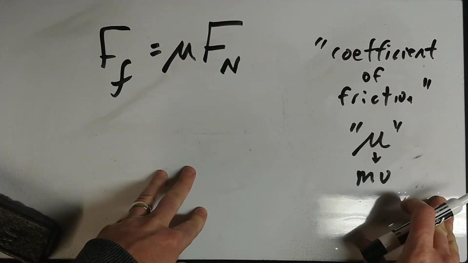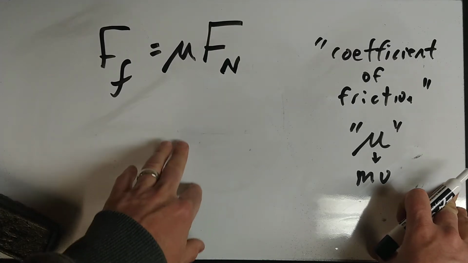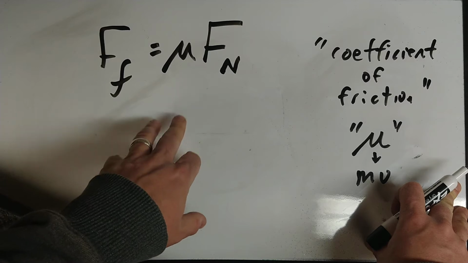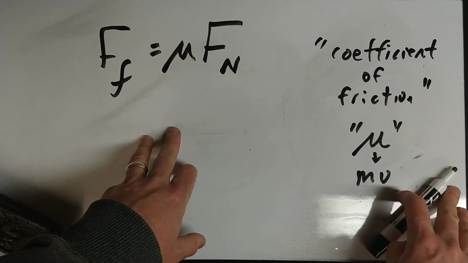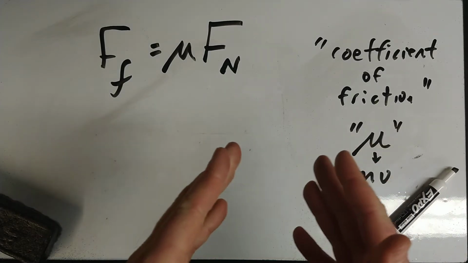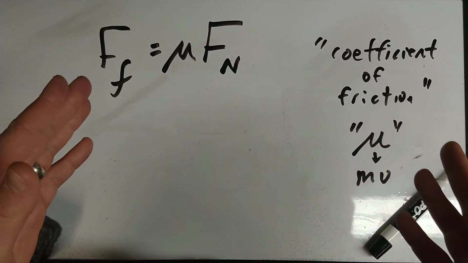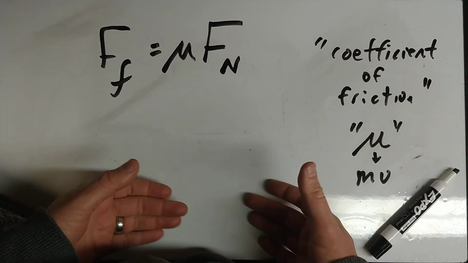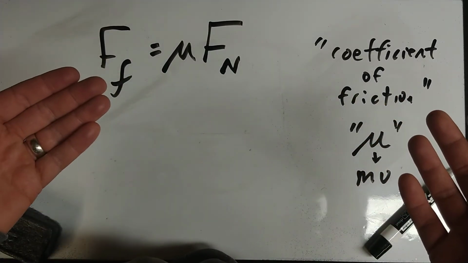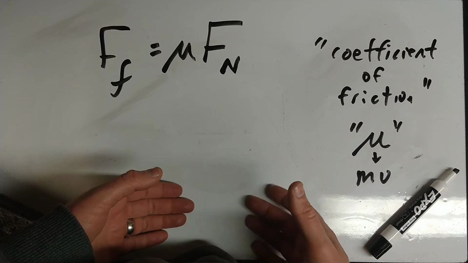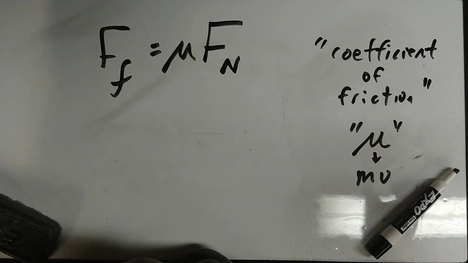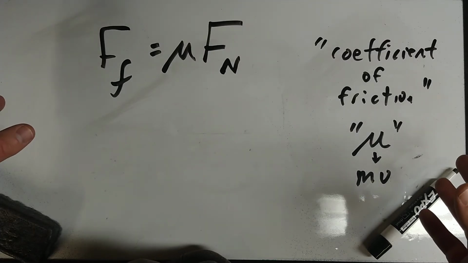Turns out surface area that's in contact does not actually come into play. And there's a good reason for that. It has to do with pressure. When you distribute the weight over a larger surface, there's less pressure at the surface. So even though there's more surface area in contact with each other, because the weight is distributed across that surface, there's less pressure.